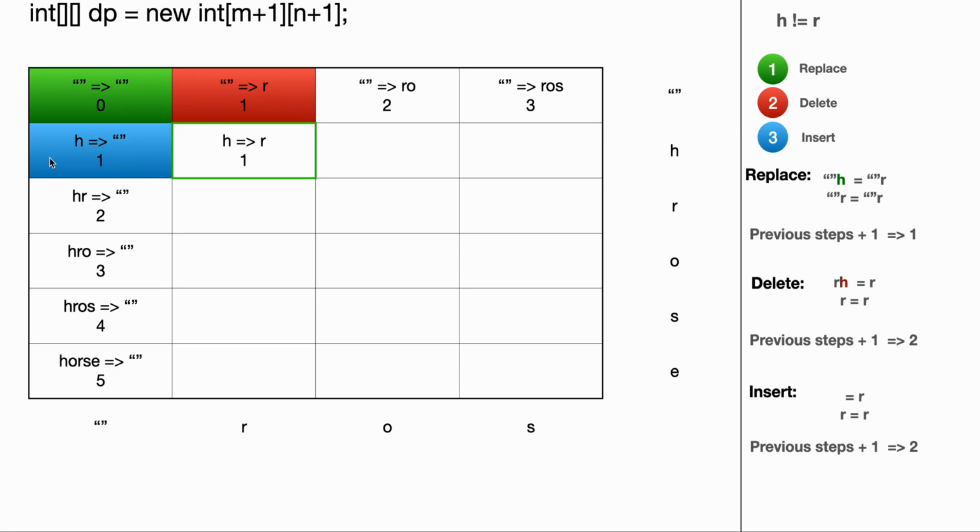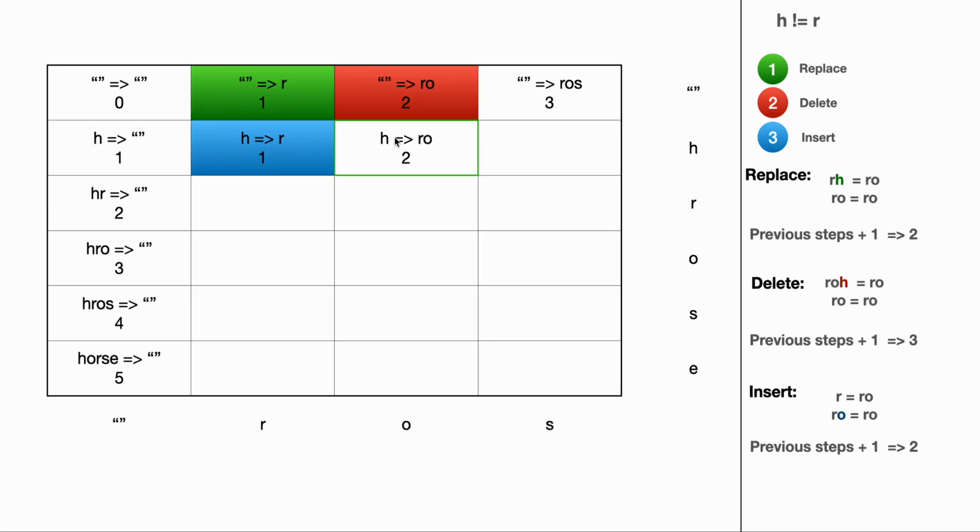For the insert operation, there is no string, so we just have to insert the r so that it will become equal. So the answer is we need to find the minimum of these three steps and add 1 to it. So we take this one and add 1 to it and it will become 1. So we just go to the next slide.